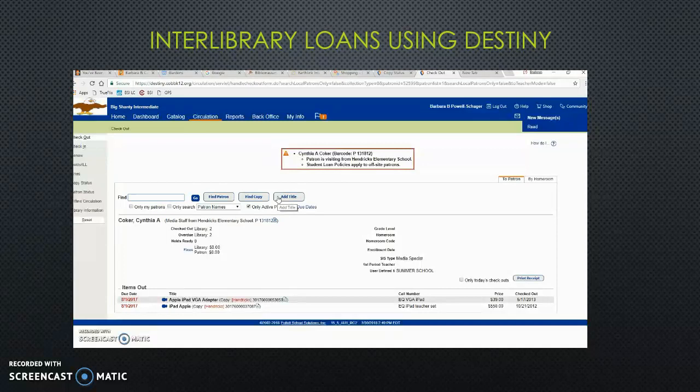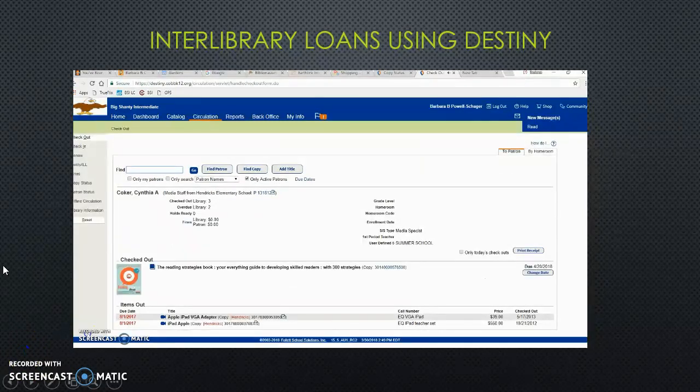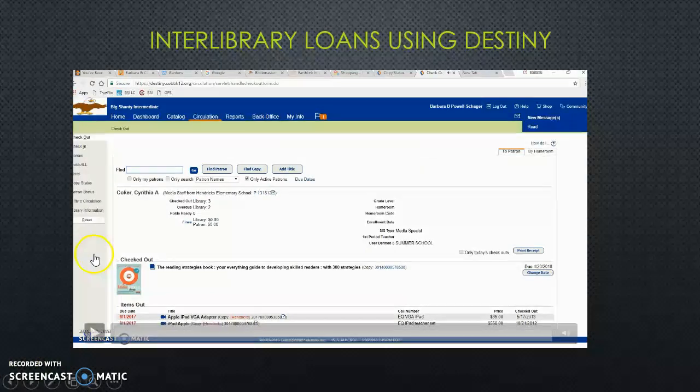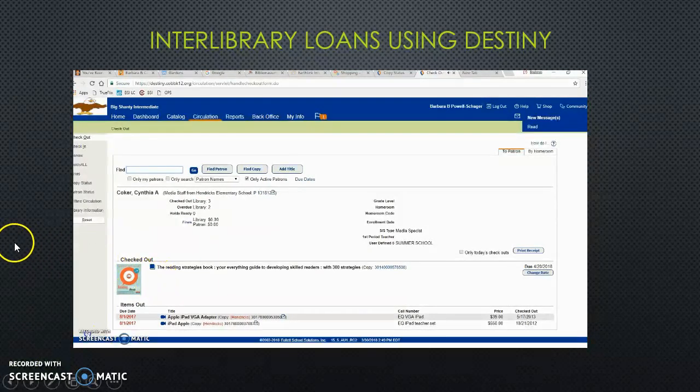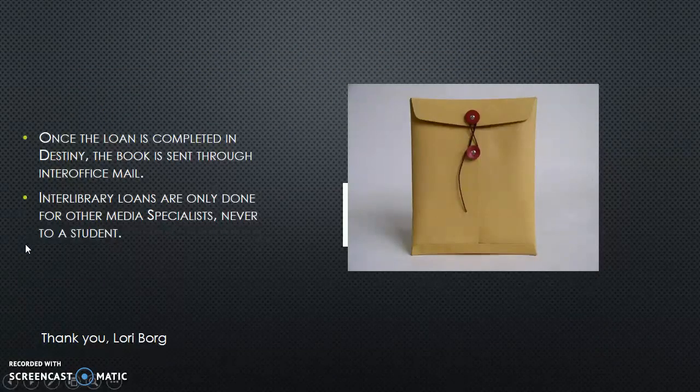And so at this spot, it has checked out the book, Reading Strategies, to her, and then you can put it in an envelope, and we usually send it through interoffice mail and send her that book.